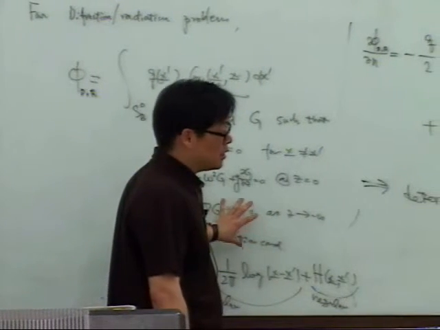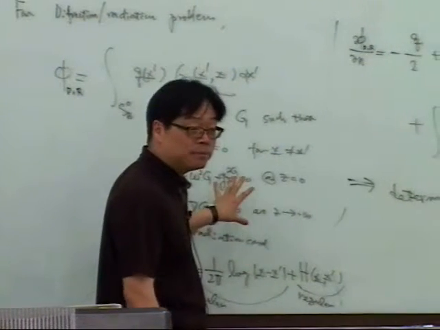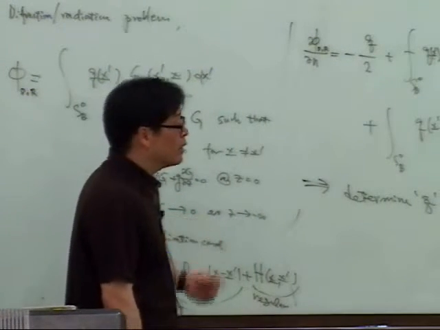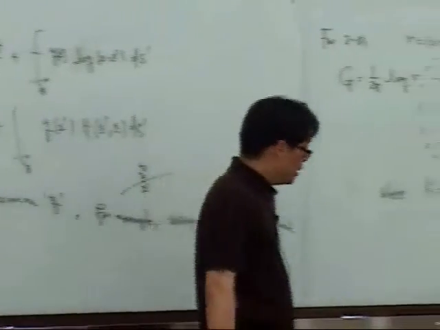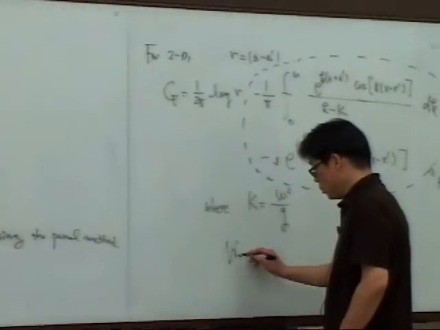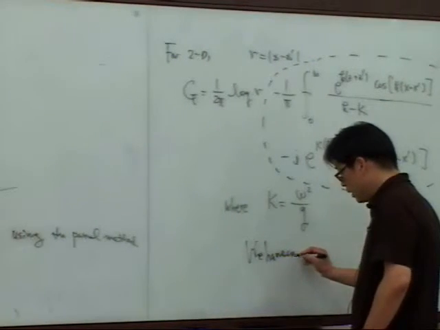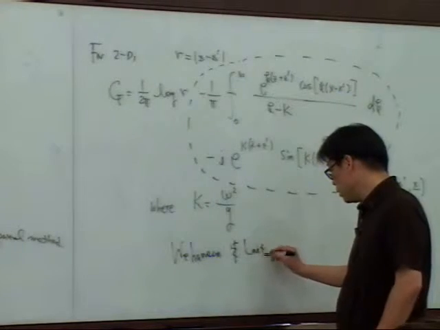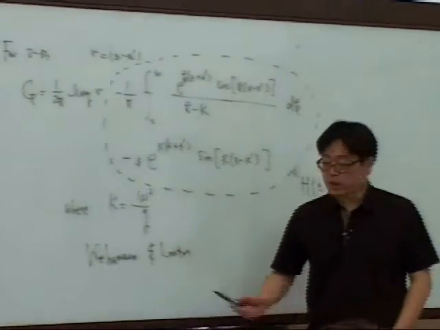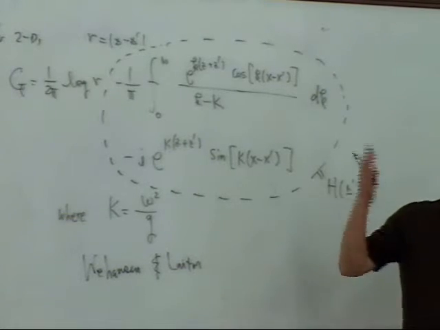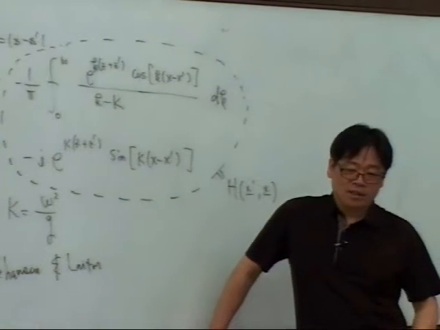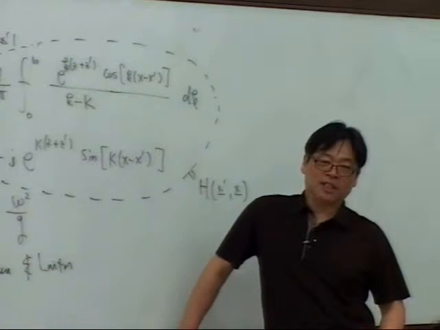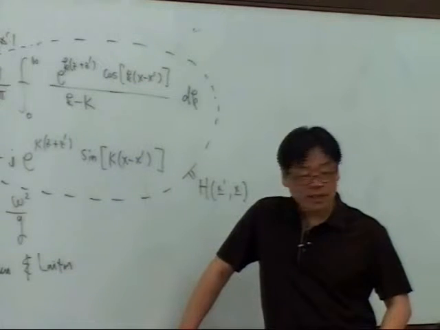Okay, but it's a little lengthy, and at this point I don't want to go through it. And there is a book which is available on the website, right? I gave this reference. If you look at this book, it has all the expressions for the Green function, 2D, 3D, time dependent or not.